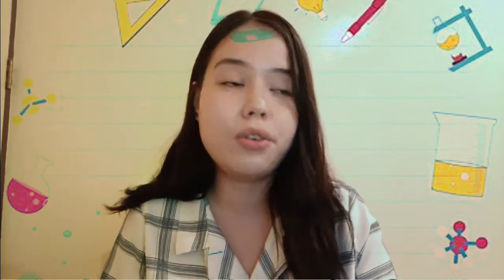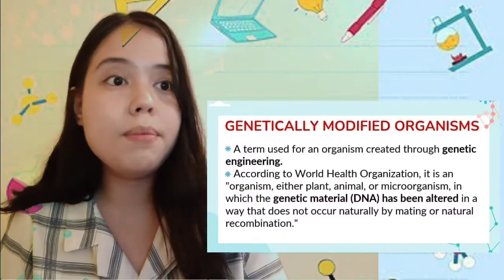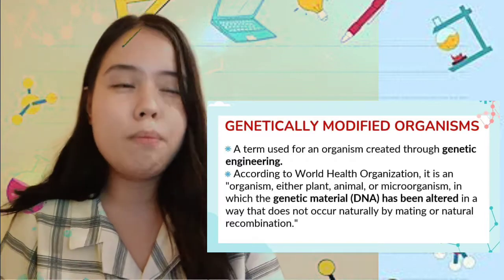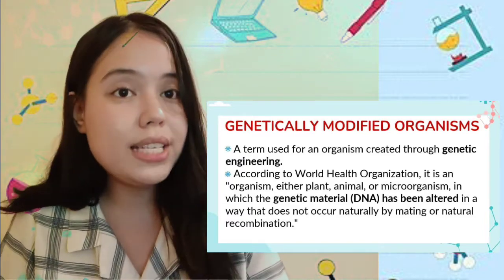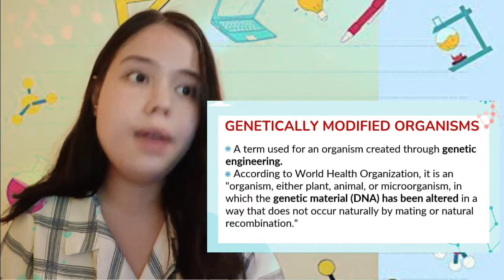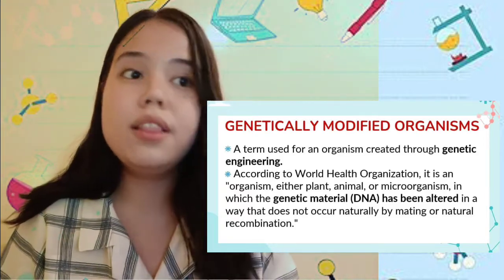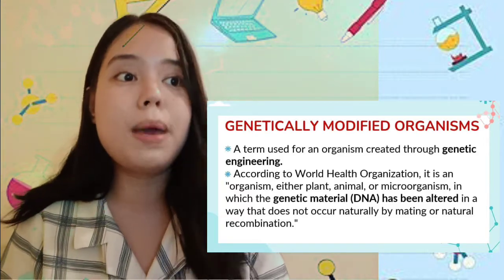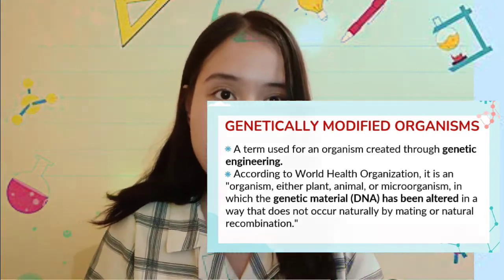Another definition from WHO, or the World Health Organization, is that it is an organism, either plant, animal, or microorganism, in which the genetic material, or DNA, has been altered in a way that does not occur naturally by mating or natural recombination. So everything is artificial and man-made.